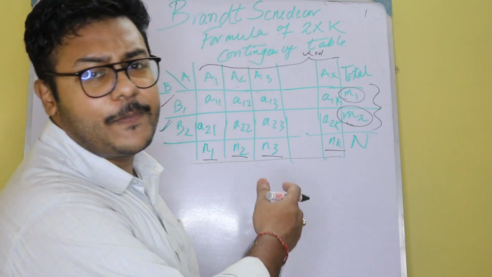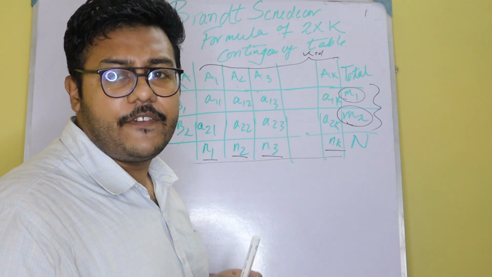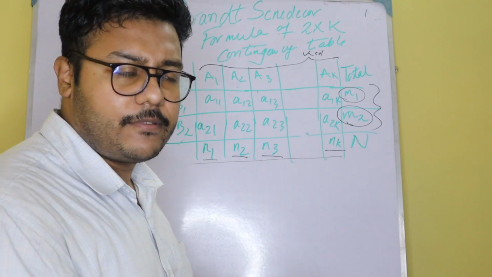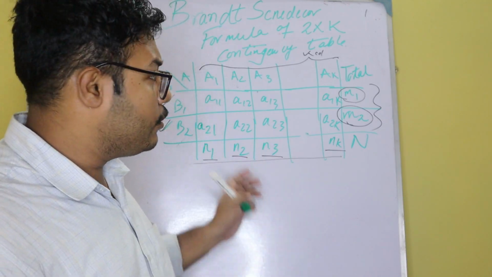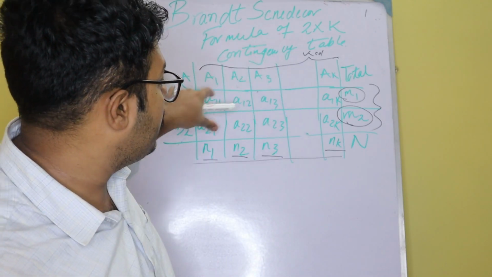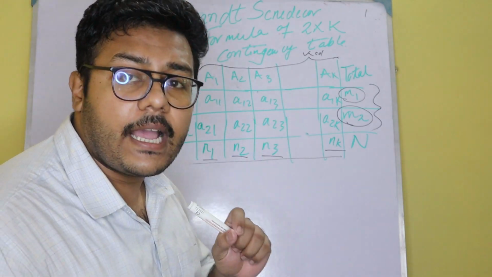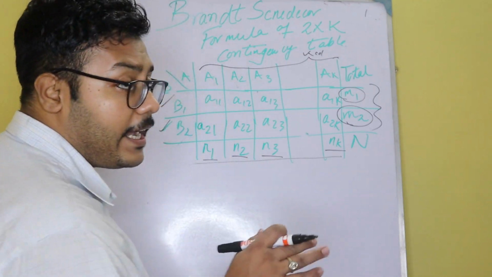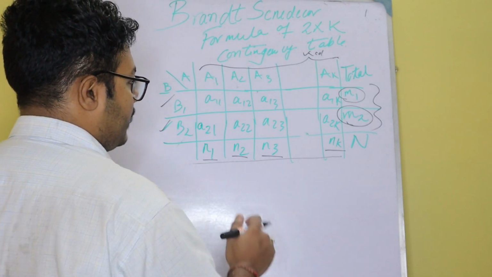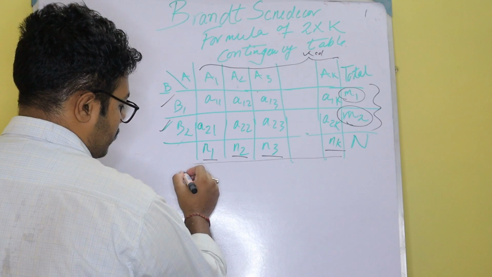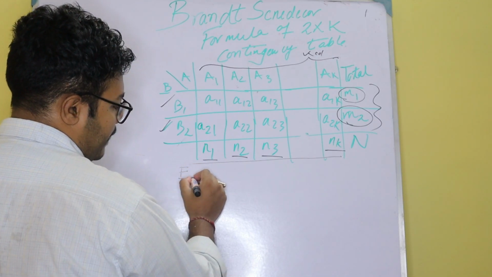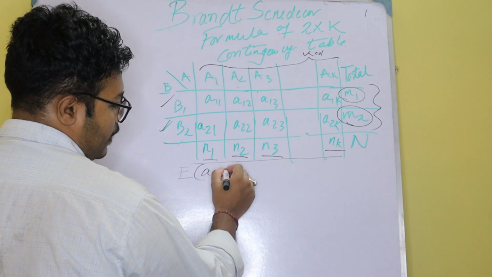Now, what's so special about this? You need to understand what's so special about this. This will provide a very shortcut formula to calculate the chi-square value. Now see. What is the expected value of A11?